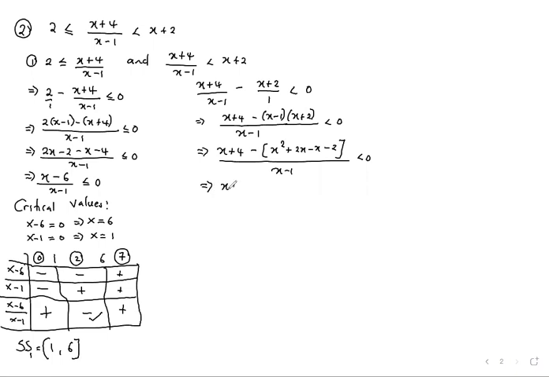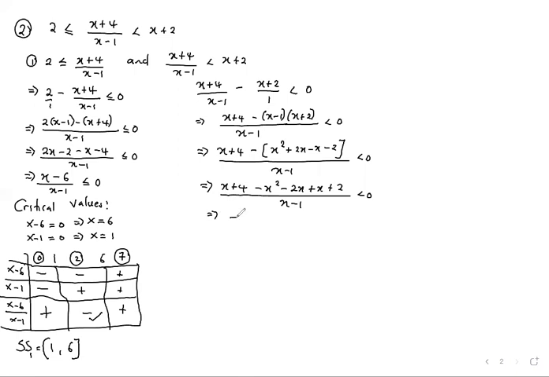So we'll have x plus 4 minus x squared minus 2x plus x plus 2 over x minus 1 less than 0. So x plus x, that is 2x, minus 2x, that is 0.